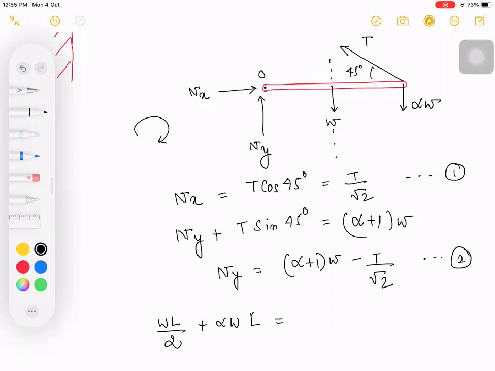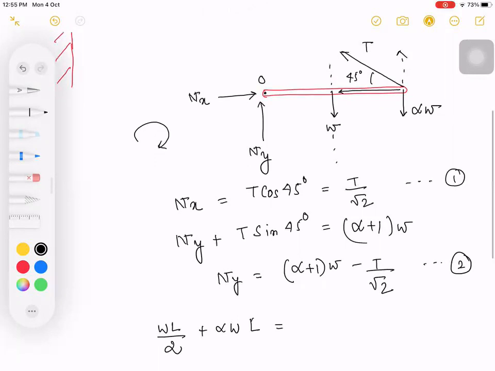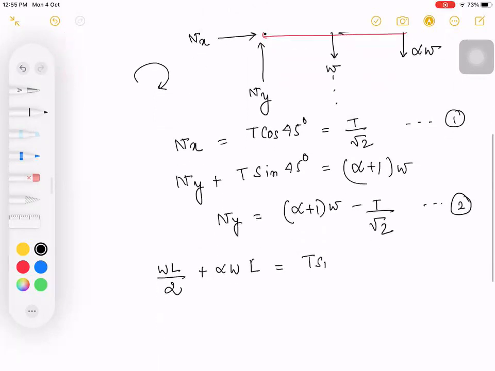What about in the anti-clockwise sense? In the anti-clockwise sense, tension has two components. One along this line, which is T cos 45, another along this line, which is T sine 45. T cos 45 would not have any moment, only T sine 45 would have a moment.